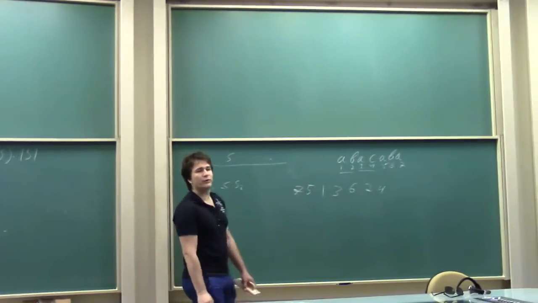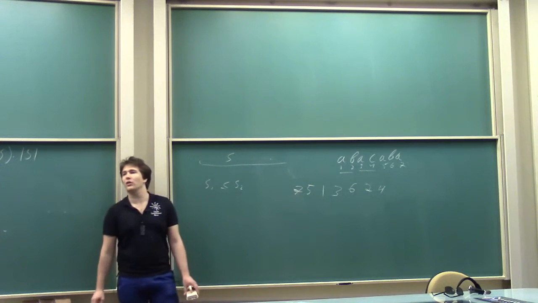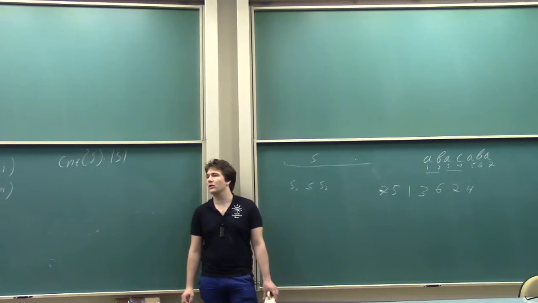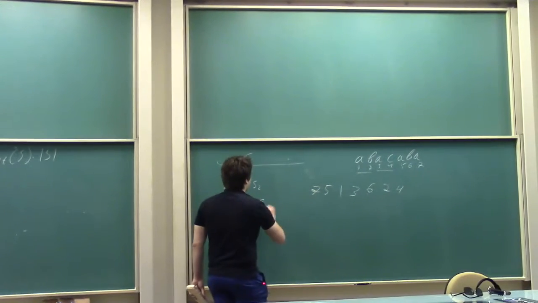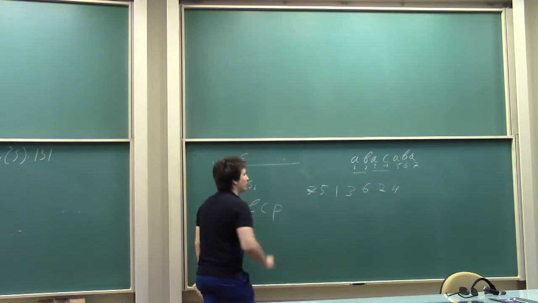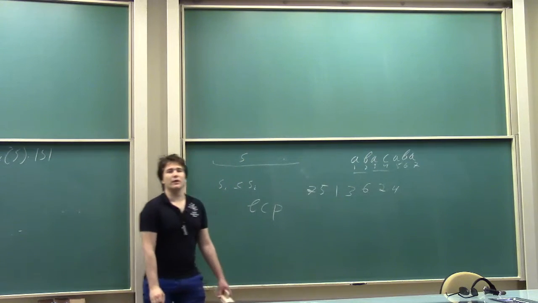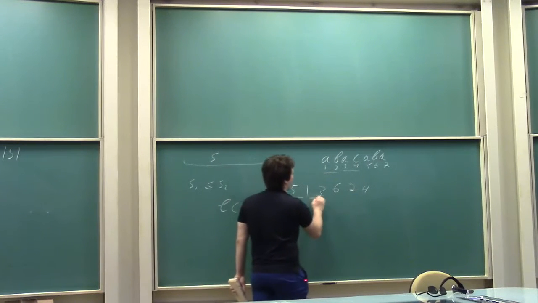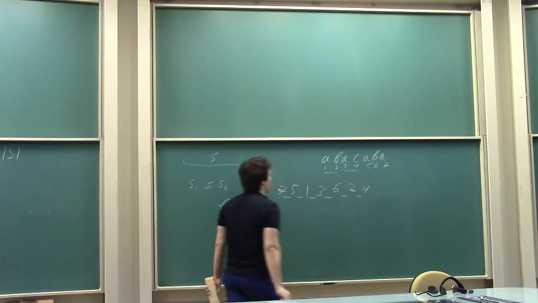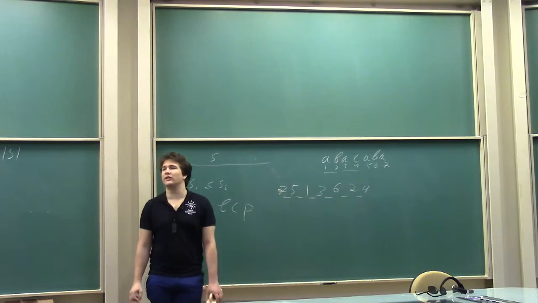But to solve problems using the suffix array, you also need some additional function called LCP, longest common prefix. LCP is, for any two neighboring suffixes in the suffix array, we calculate what is their longest common prefix.